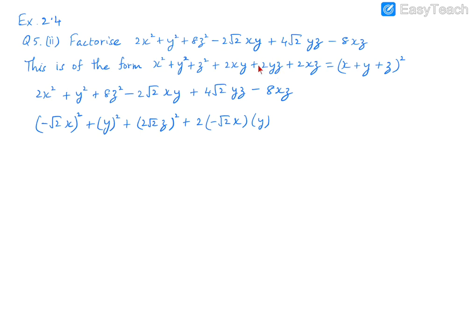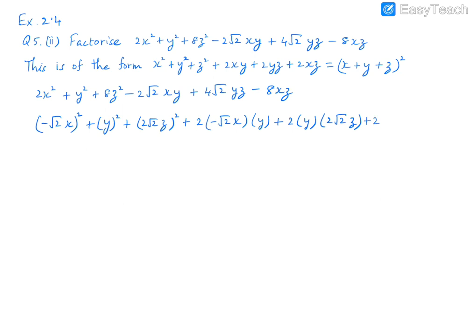And then we have the next term, it is plus 2yz. So plus 2 times y is y, and in place of z we have 2 root 2z. And finally for 2xz, so it is plus 2 times, in place of x we have minus root 2x, and in place of z we have, let me write this slightly smaller so that I can fit it on the same line.